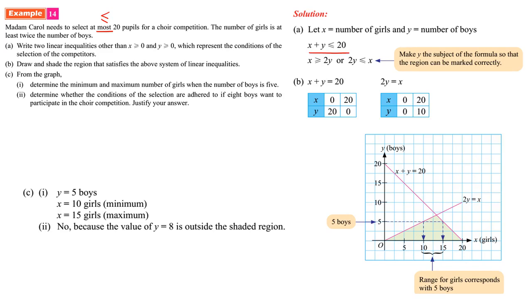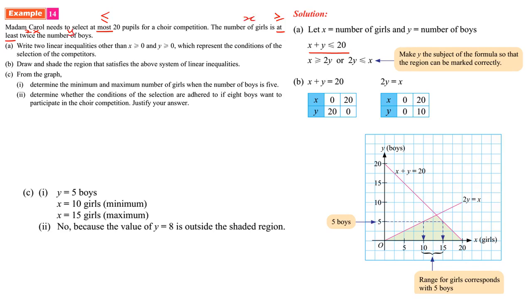Okay. The second inequality refers to the second sentence. The number of girls is at least twice the number of boys. At least means greater than or equal to. Boys we use letter y, girls we use letter x.